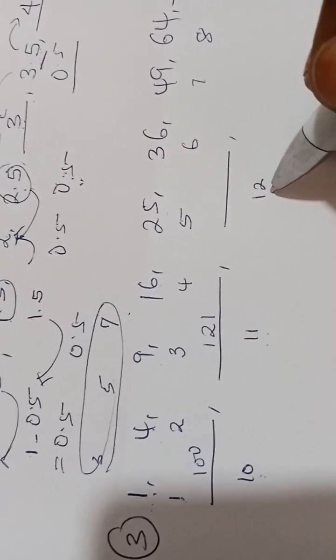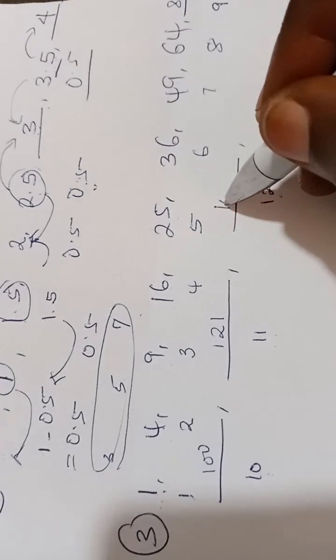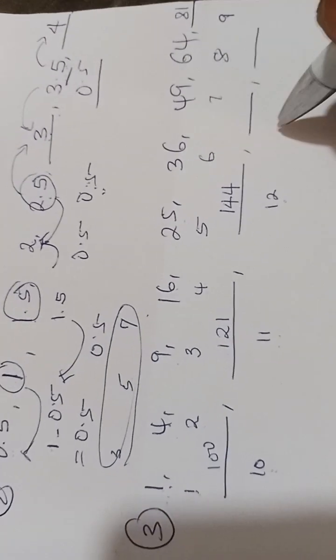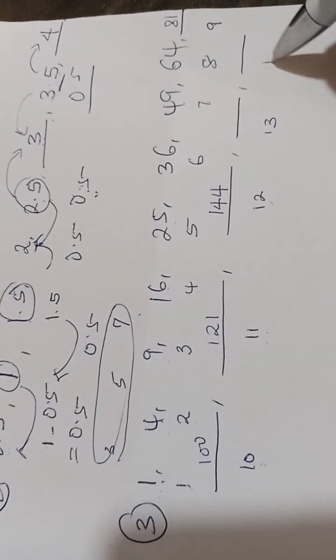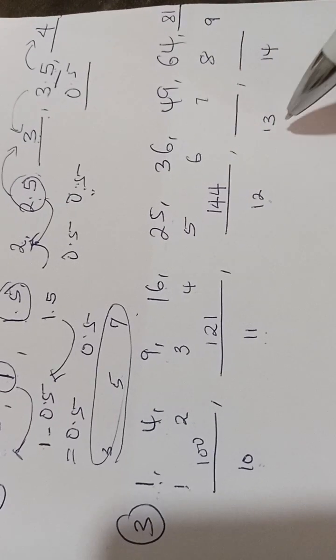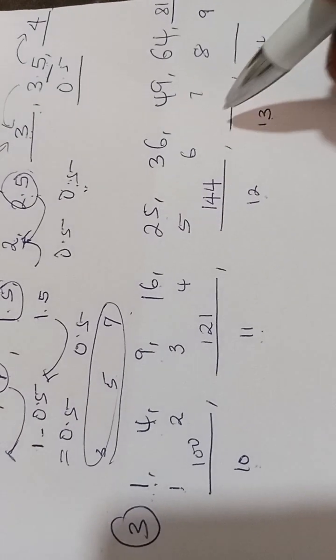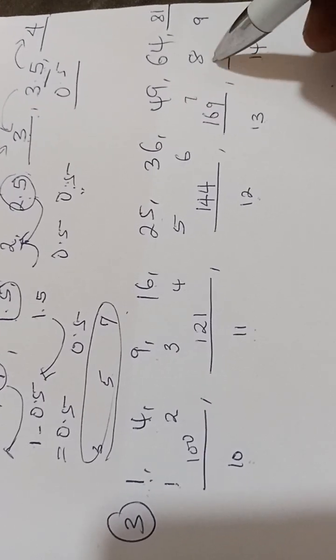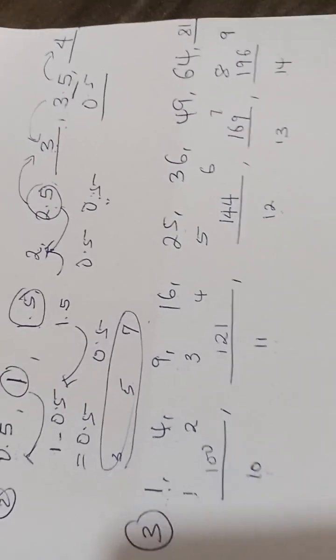And 12 times 12 will give us 144. Assume we have this, you know that this will be 13 and this will be 14. And 13 times 13 will give us 169. 14 times 14 will give us 196.